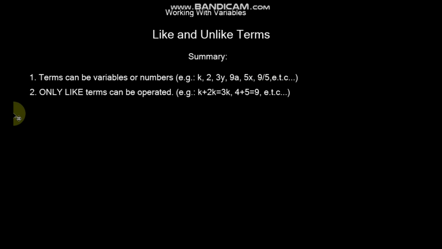So let's go to the second summary. The second summary is that only like terms can be operated on. For example, k plus 2k equals 3k, while k is also denoted as 1k.